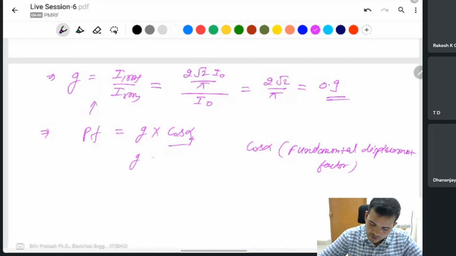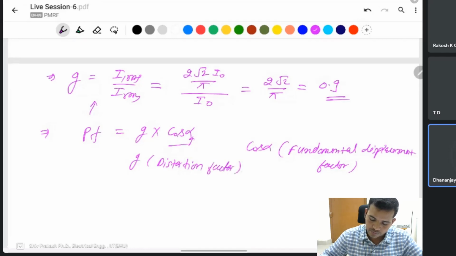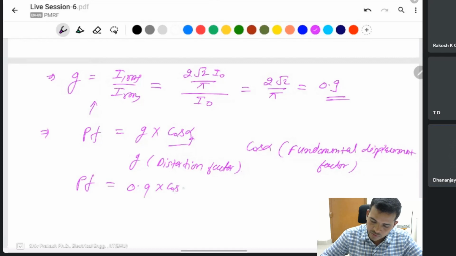G is equal to the distortion factor, showing how much the waveform is distorted. This is the ratio of fundamental to the RMS. This one is the original power factor, which is 0.9 for the single phase controlled rectifier, into cos alpha.